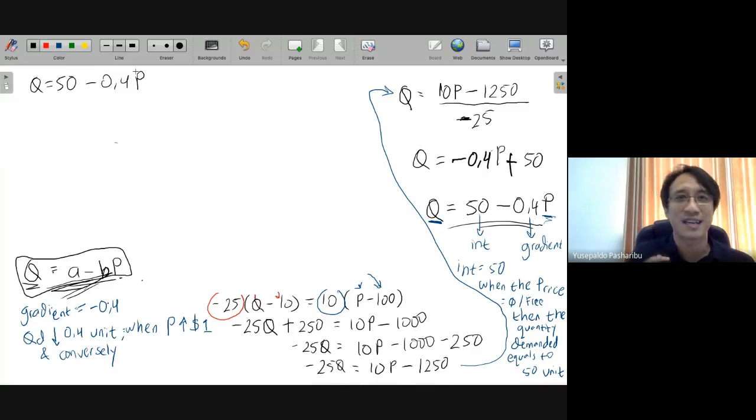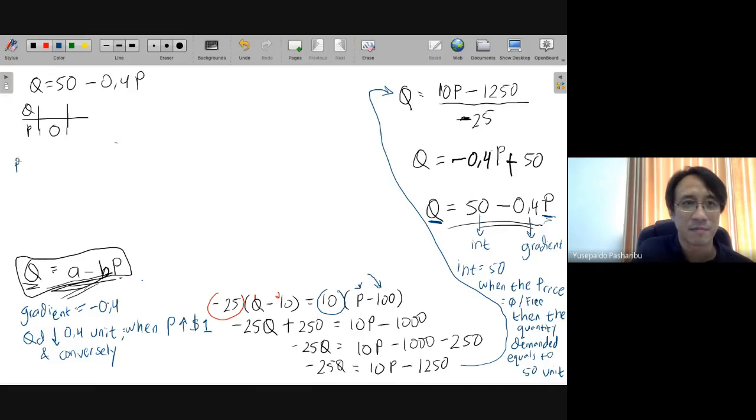The easiest way to calculate or to create the coordinate is we can try q comma p and then pretend or fill each variable with 0. So the first one, if the p or the price is 0, then what is the quantity? So it means q, if the p equals to 0, that's one.